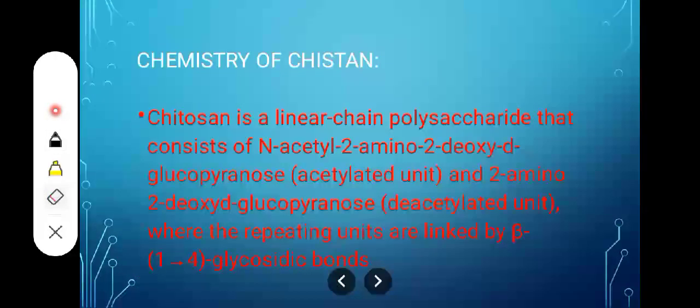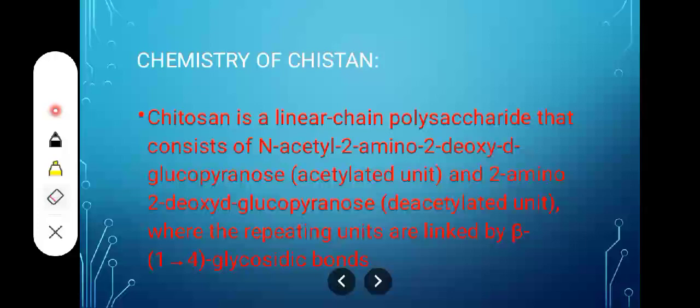So here is the chemistry of chitosan, as glucosamine is part of the polysaccharide of two structures. The first structure is chitosan and the second structure is chitin. So first I will explain chitosan and the second is chitin. Chitosan is a linear chain polysaccharide that consists of N-acetyl-2-amino-2-deoxy-D-glucopyranose acetylated unit and 2-amino-2-deoxy-D-glucopyranose deacetylated unit.